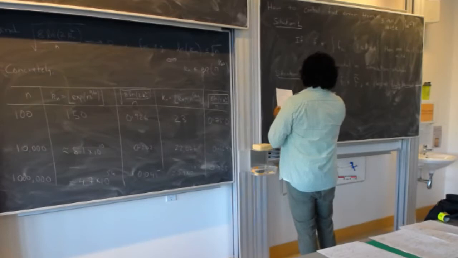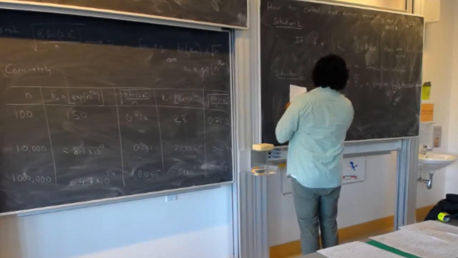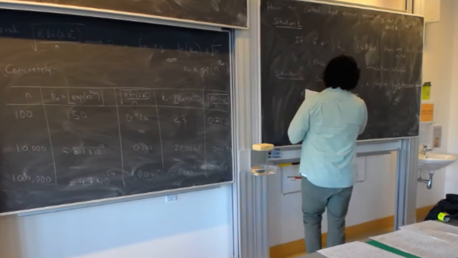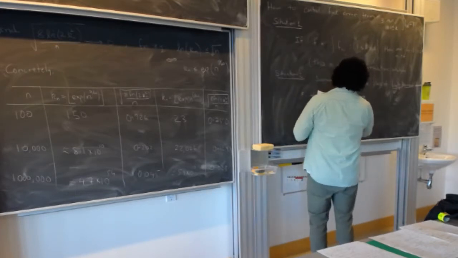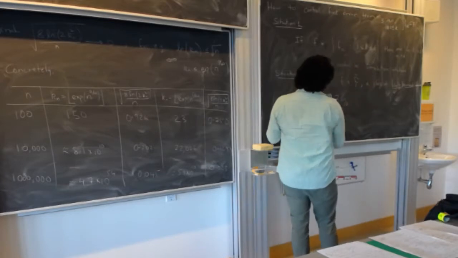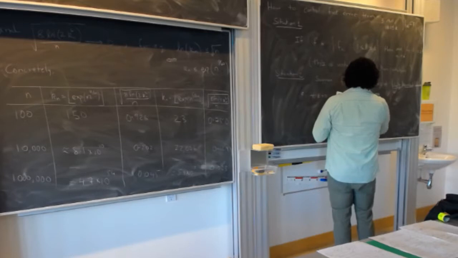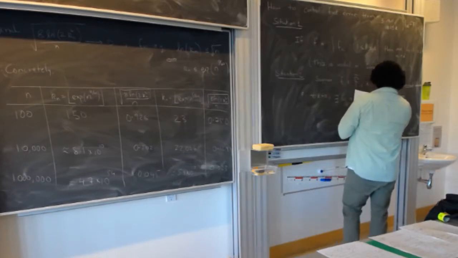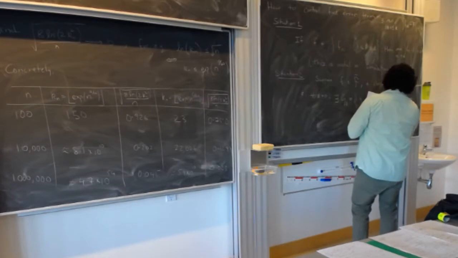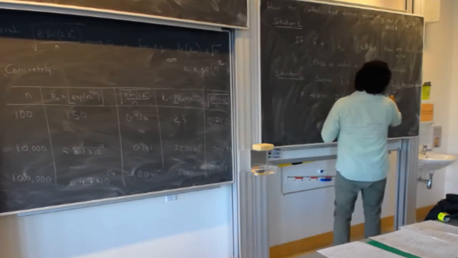So what is this? That is, for every epsilon possible, there exists a script G sub epsilon, which is defined as a set of G1, G2 up to G sub n sub epsilon. So this big number may depend on epsilon itself.